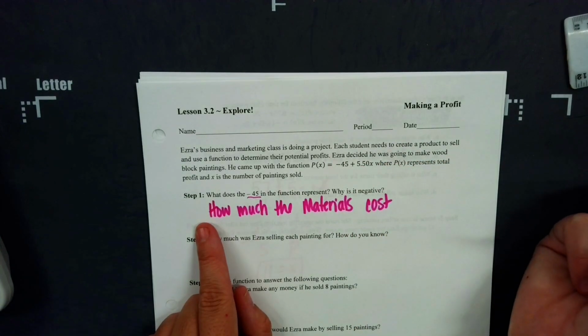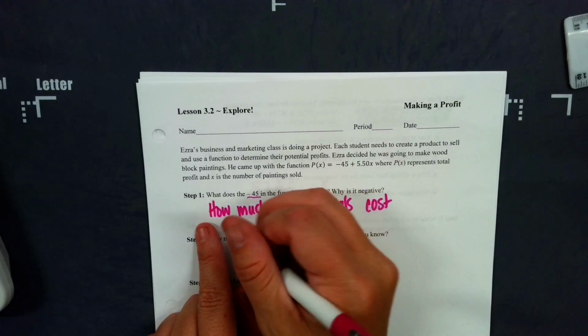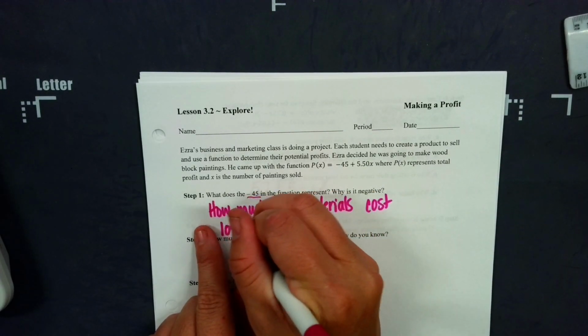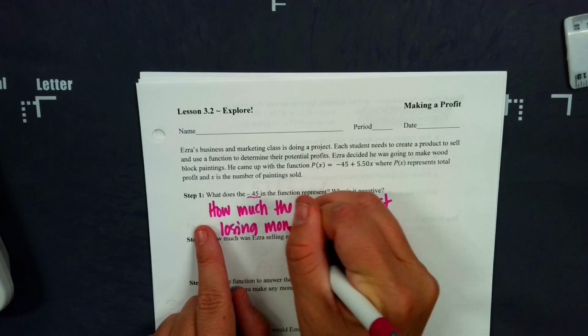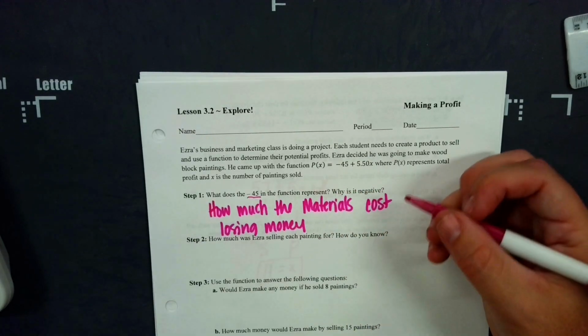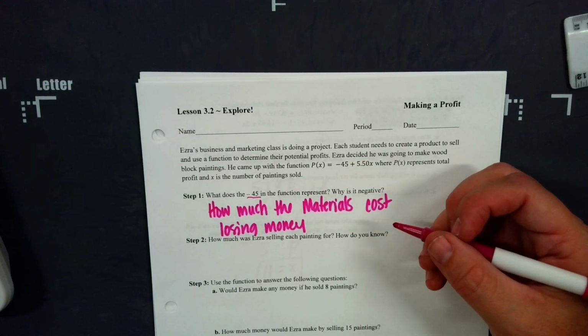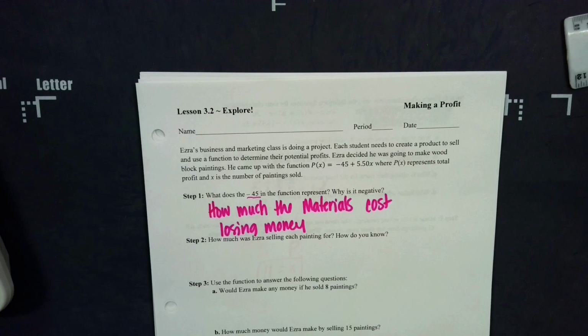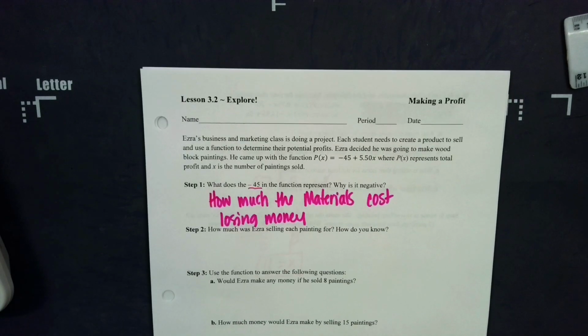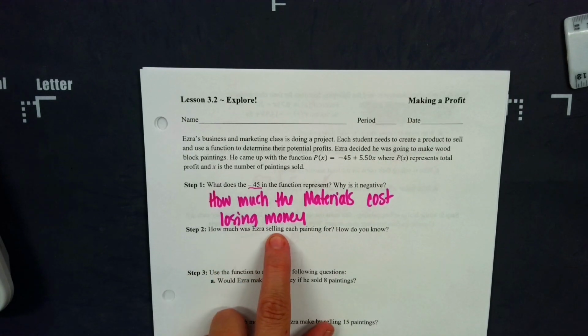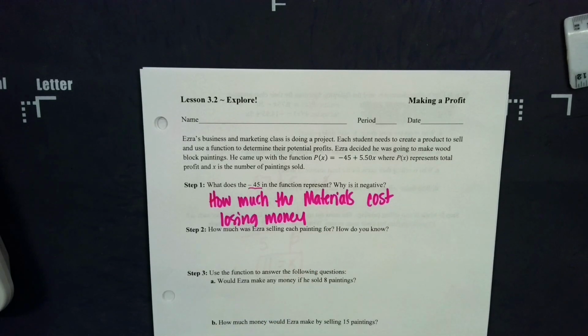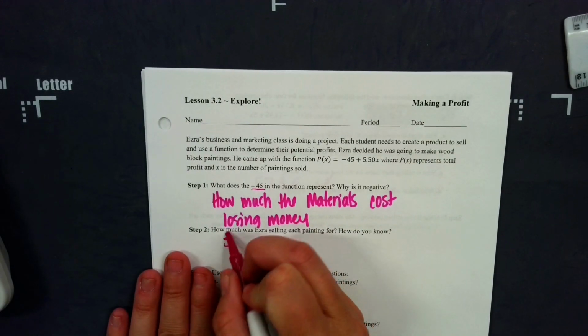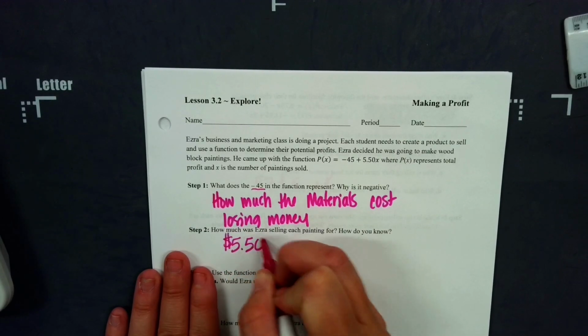And why is it negative? Because you lose money. You're losing money on it. So before he even sells one, he's in the hole, right? Which is any company. All right. How much is he selling each painting for? $5.50.